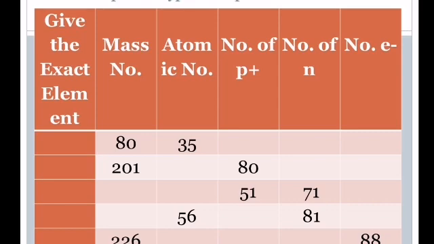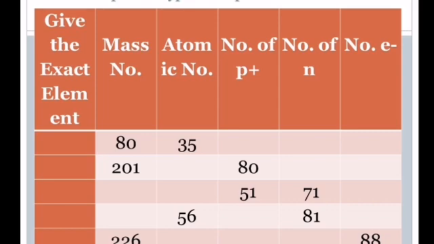Now, let's begin. Let's have the first element. For the first element, you have only the mass number and the atomic number. Don't forget the formulas in getting the number of protons, neutrons, and electrons, and the mass number.